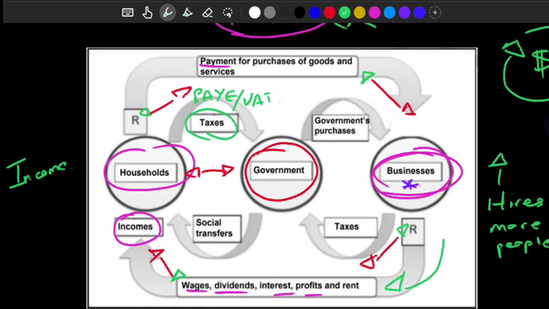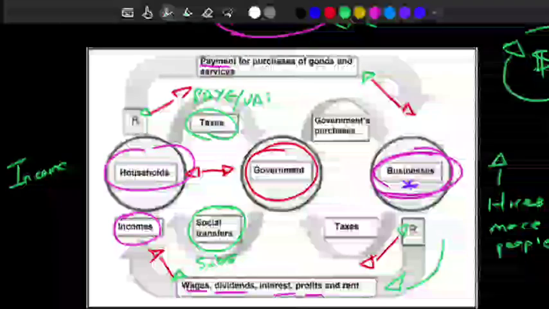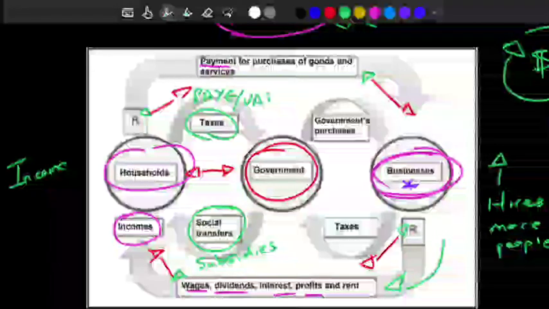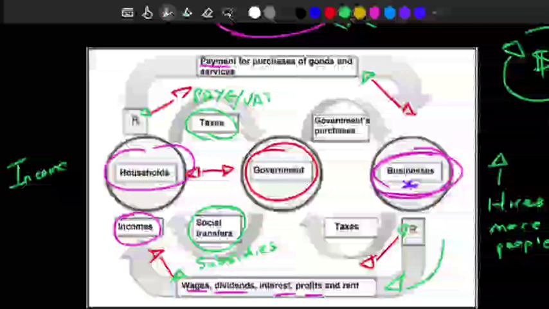Then, for those who are not able to get paid, for those who are not able to work, the government provides social transfers, right? These we can call government subsidies, right? I hope I'm using this term properly.